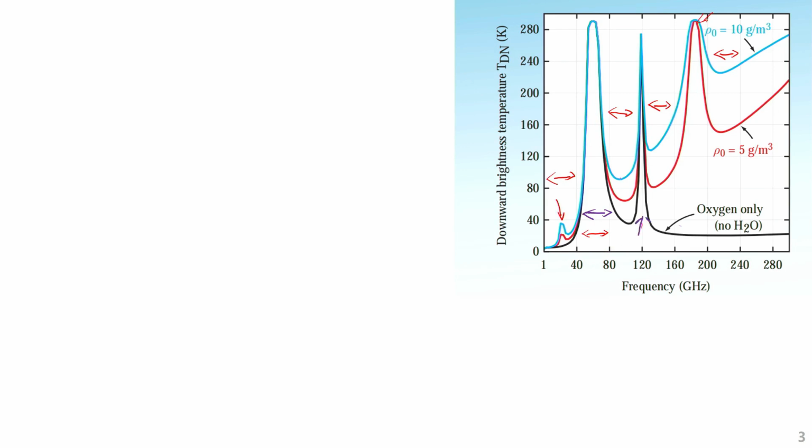And for the water absorption lines, there is one at 22 gigahertz, and this one is 183 gigahertz. So for the observation of the atmospheric constituents, we employ these frequency ranges for the detection or observation.